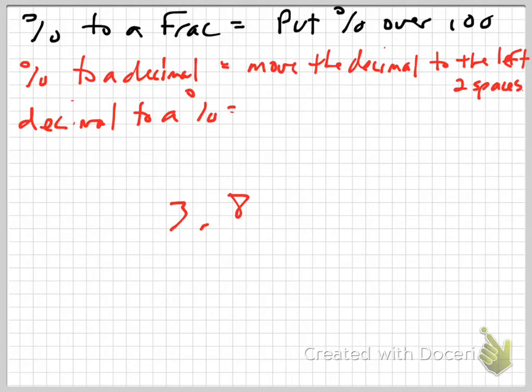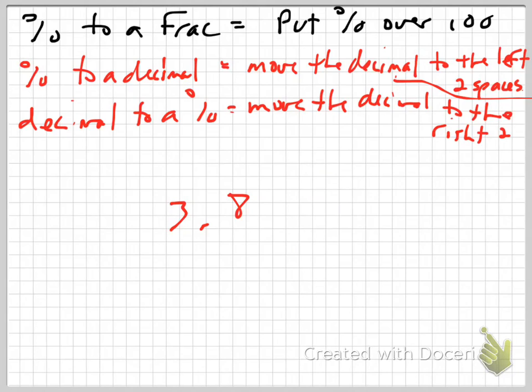Decimal to a percent, you move the decimal to the right 2 spaces. Right? So, okay, do it for me. Show me that you know how to do this. Turn 3.8 into a percent. On paper. Always.